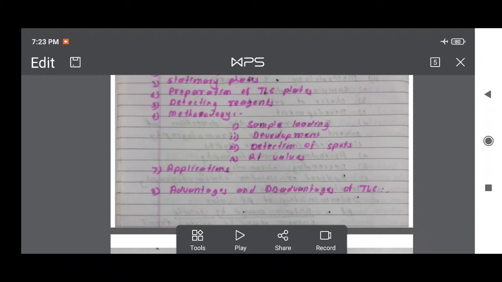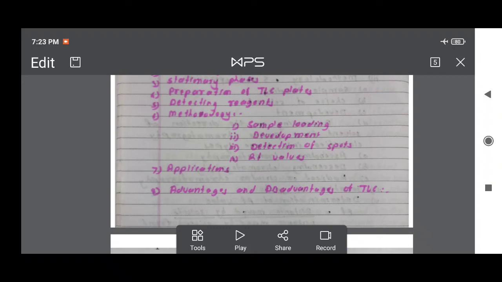After sample loading, this TLC plate is kept for development. The chromatography chamber is saturated with solvent vapors, lining its wall with solvent-impregnated filter paper. The sample-loaded TLC plate is placed in a slanted, that is 45-degree, position. Now the developing solvent is slowly poured to about 1 cm height to keep the level well below the reference line.